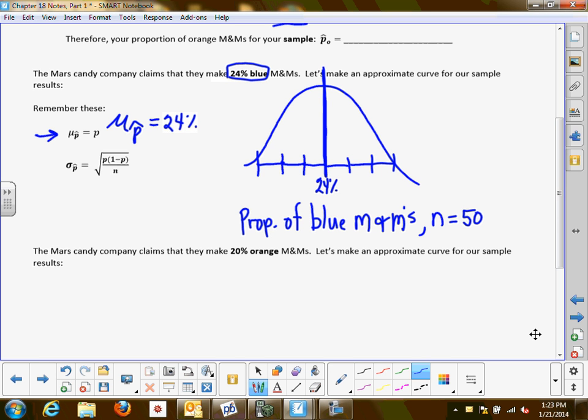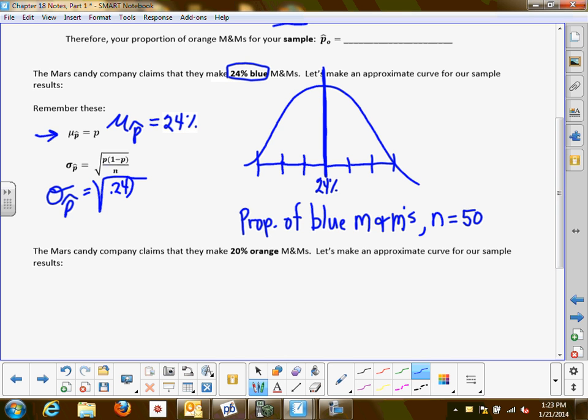So we can see what number did you get of your proportion of blue, and is it weird? Is it more than 2 standard deviations out? So let's figure this out. The standard deviation of our sampling distribution of samples of size 50, what numbers do I put in here for p? Yeah, that's 0.24.